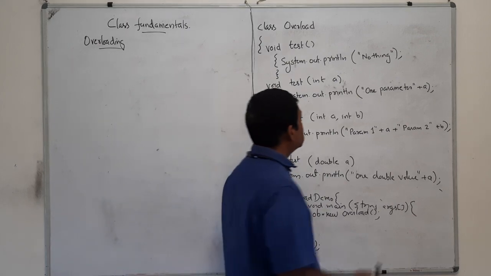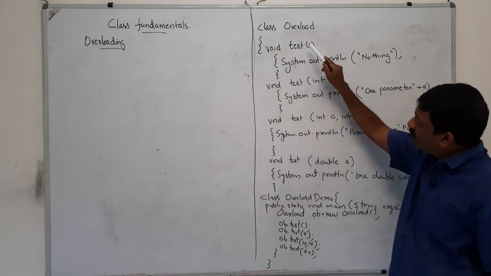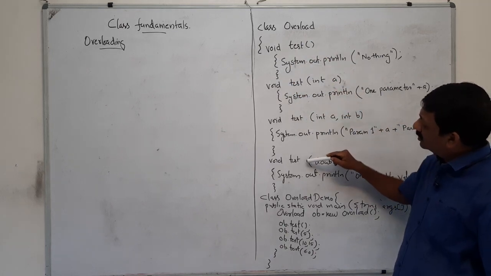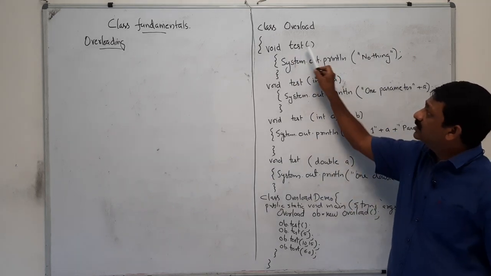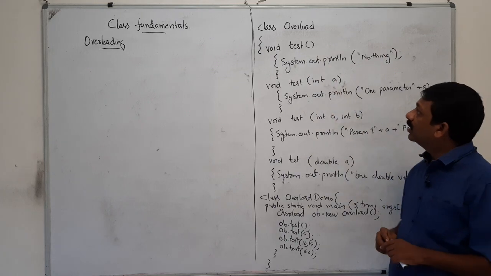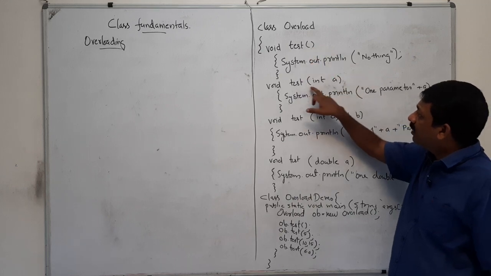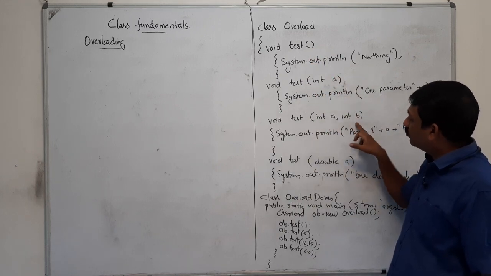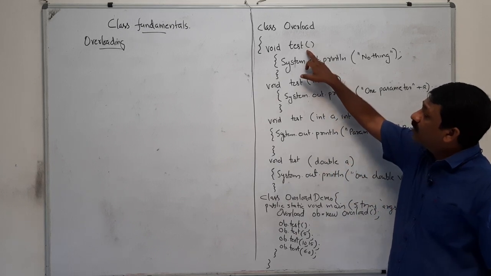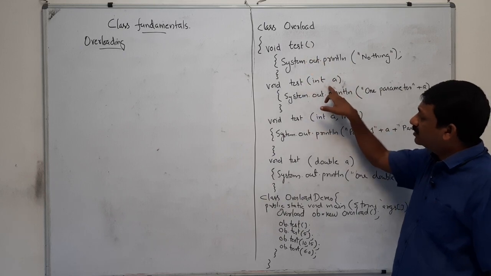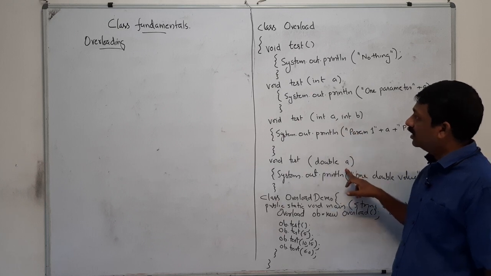Here this is a class Overload, and in that we have four methods with the same name, test. Here we have no parameters, here an integer parameter, here two integer parameters, and here a double parameter.